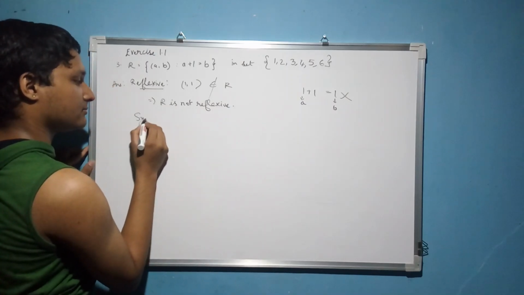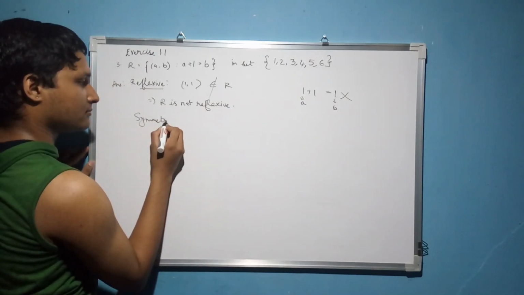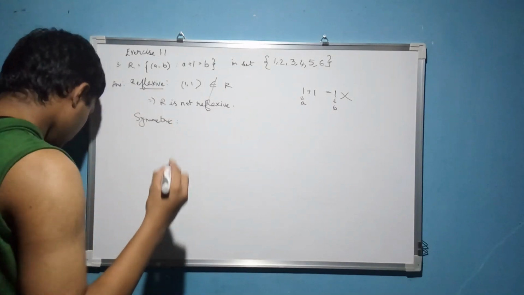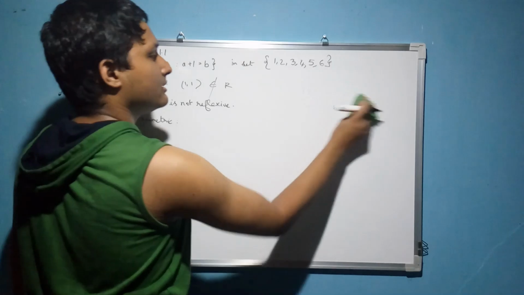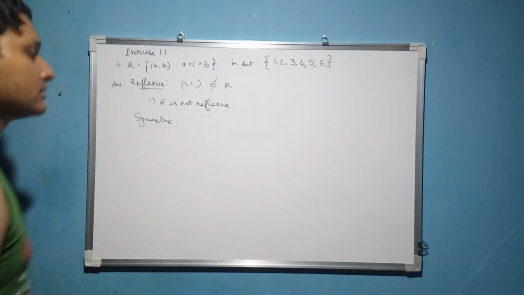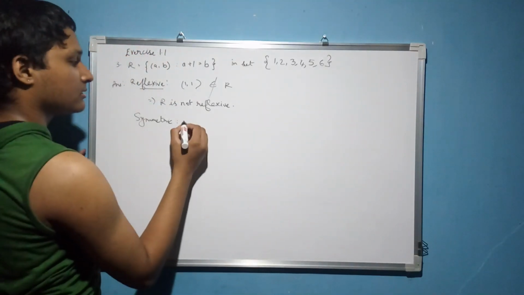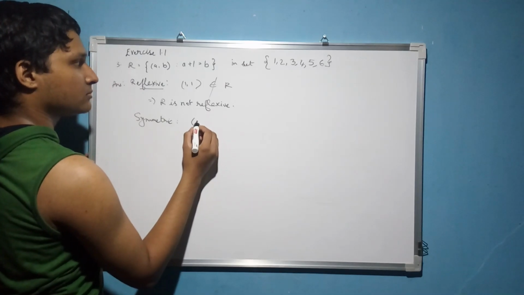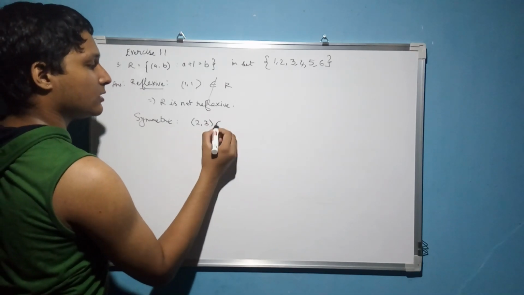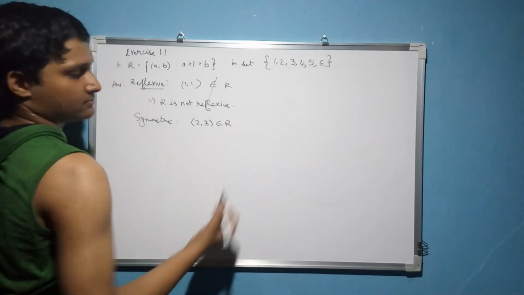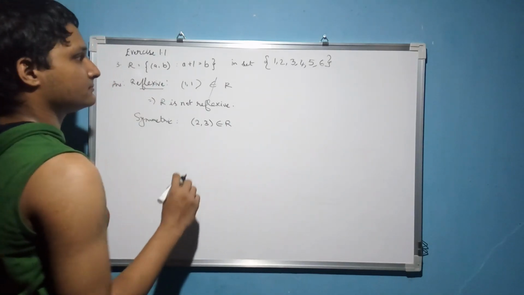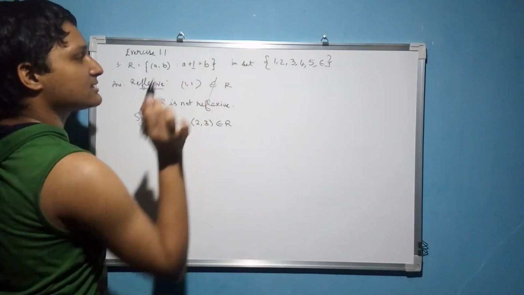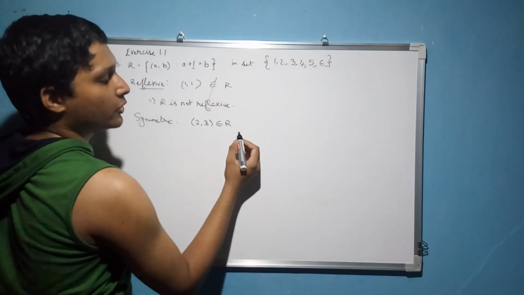Second one is symmetric. For proving symmetric, let me take one more example. I'll check whether it is going to be symmetric. (2, 3) belongs to R. But as this is a plus 1, I feel that it's not going to be symmetric here.